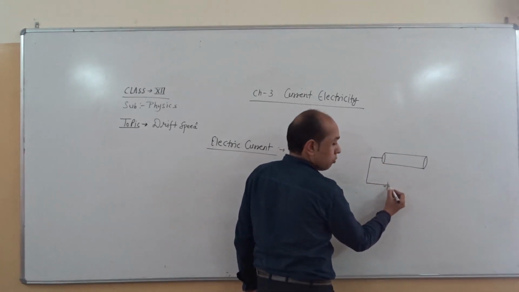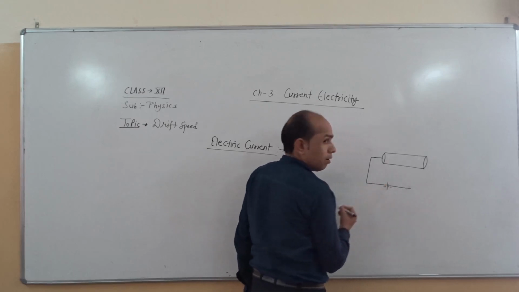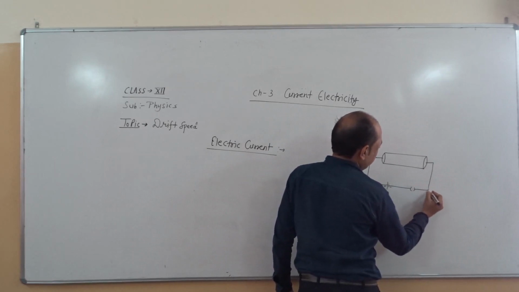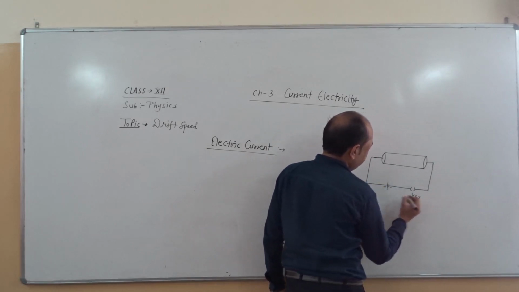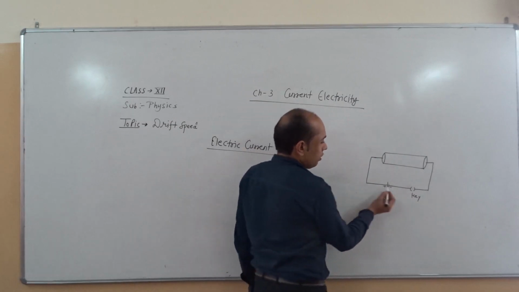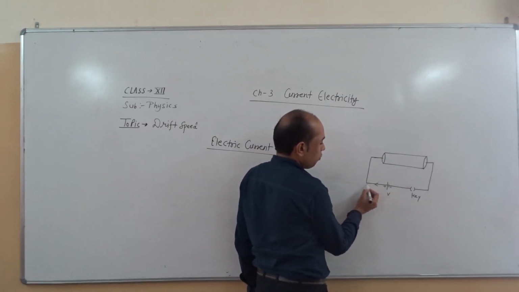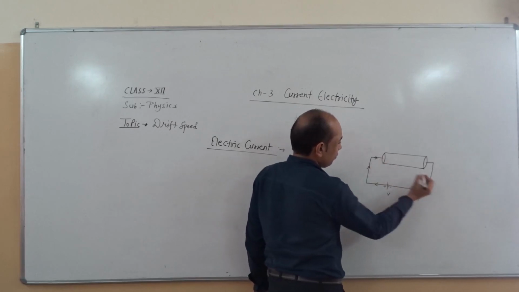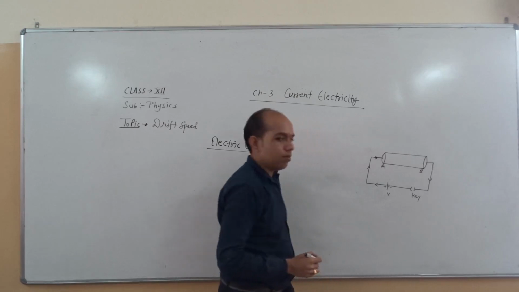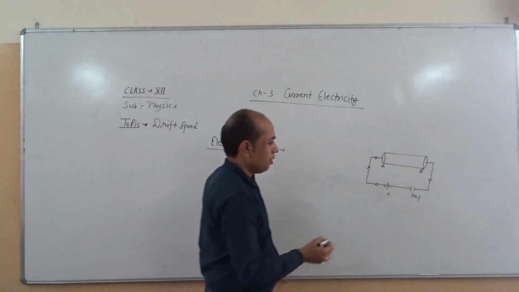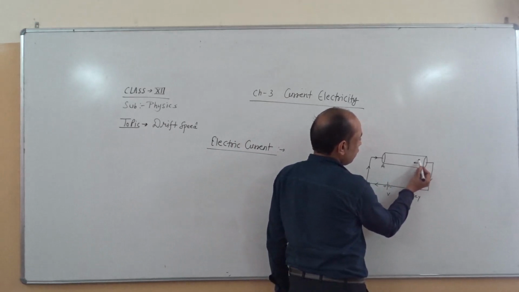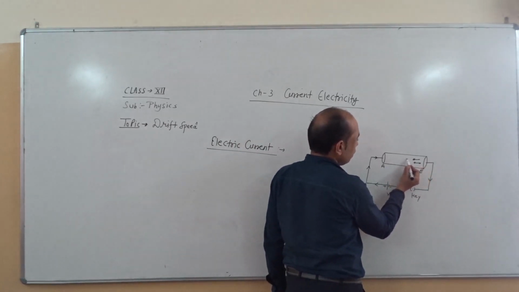Now this conductor is to be connected via a battery and key. As we know, current always passes from positive terminal to negative one, from conductor A to B, and the movement of electron is just opposite. So electron is drifted towards negative to positive end.